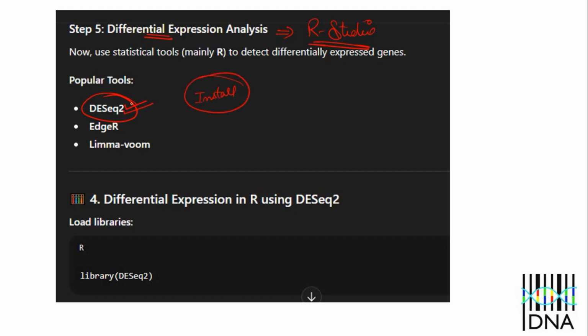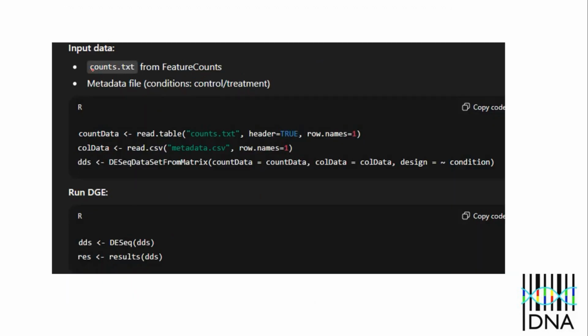We install this, and there are other software also available. We also install that particular software. I will discuss this. Okay. Then we load the library by using this command. Then input data by using this command.